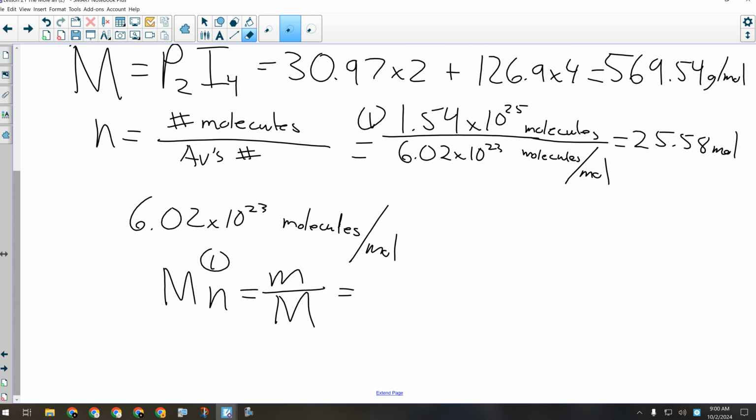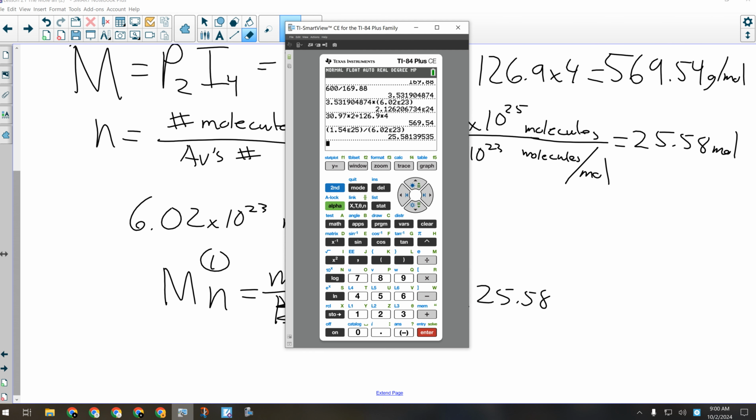So in this case, we're going to have big M, which was 569.54, times the number of moles, which was 25.58. Basically, when we're done that first part, it becomes just a type 2 question. We're solving for mass. So we take that number and multiply it by that number.